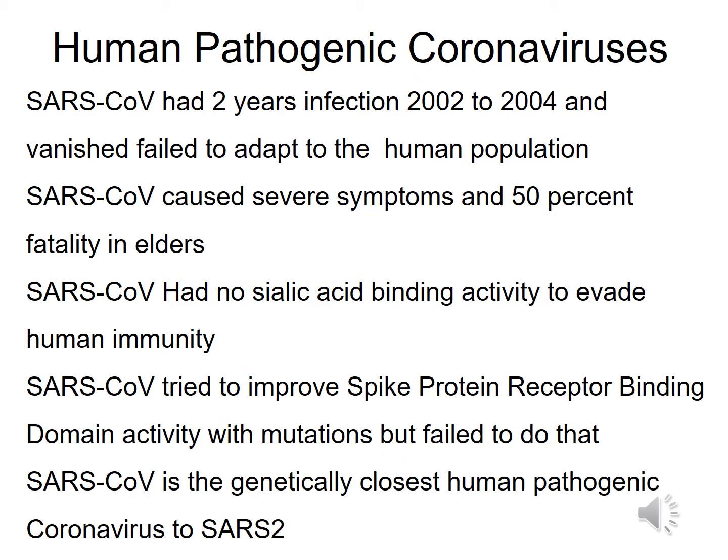The SARS virus had 2 years of windows of infection. It's the genetically most related virus, and its fatality was 10% in ordinary people, but it reached 50% in elders. Unlike SARS coronavirus 2, which is superior to almost all viruses, it had no sialic acid binding.